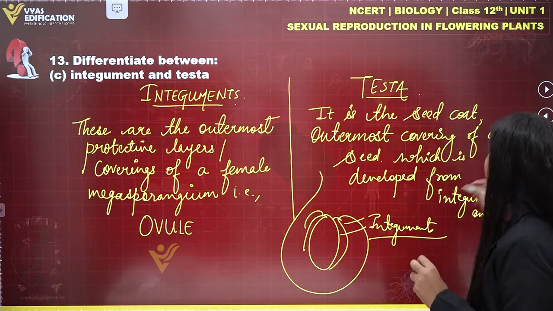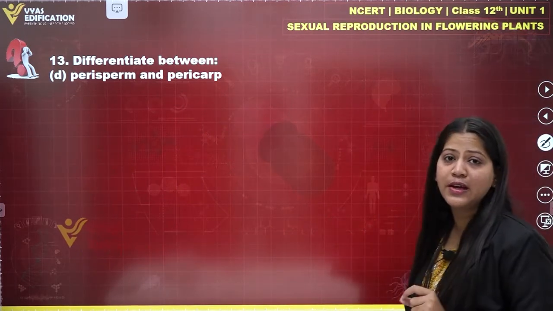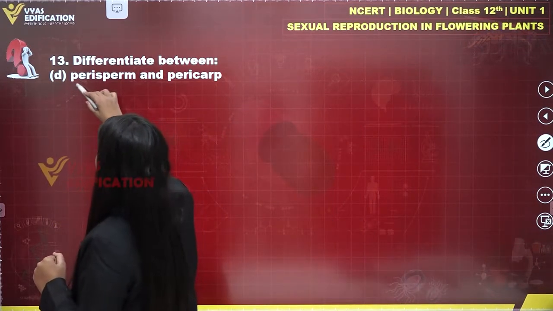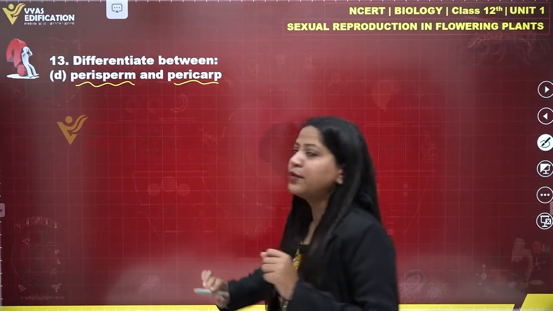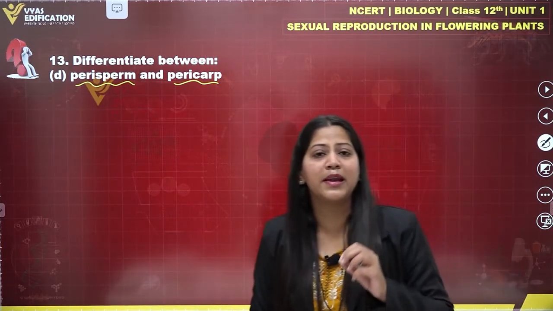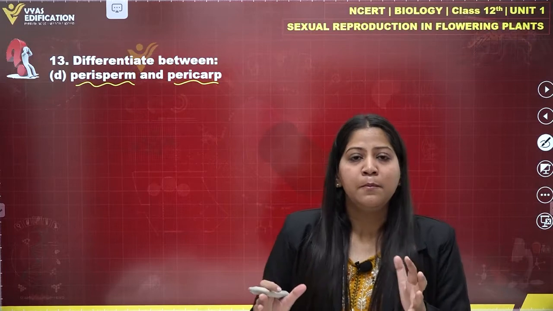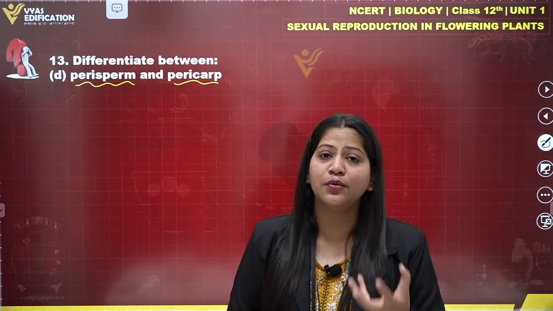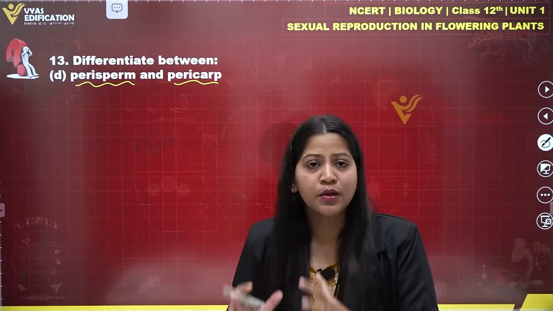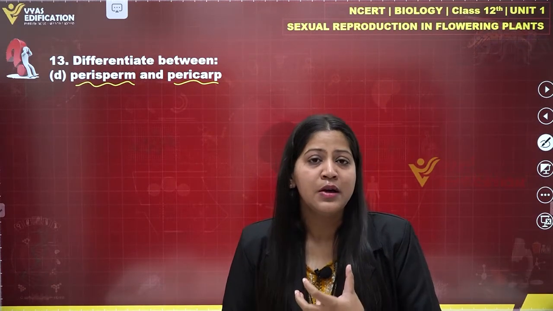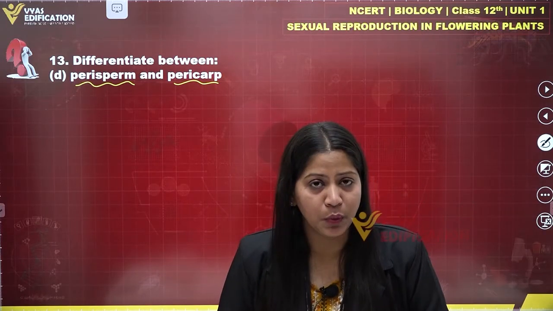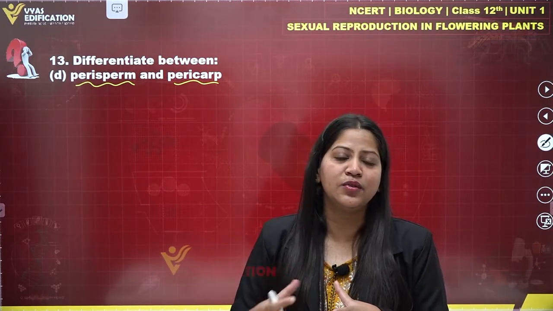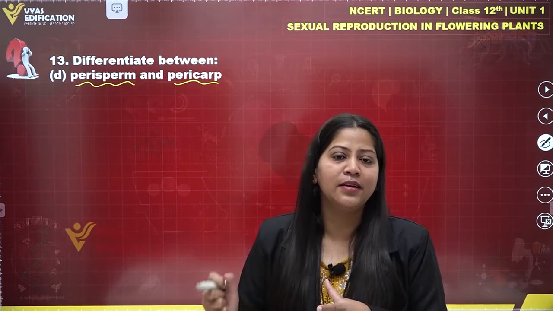Now moving on to the last part of this question, that is differentiate between perisperm and pericarp. First we are going to discuss perisperm. What is perisperm? The persistent residual nucellus. Now what is nucellus? We know that nucellus is the special kind of tissue which is present inside the ovule. What happens after fertilization? This nucellus tissue is actually digested by the developing embryo.